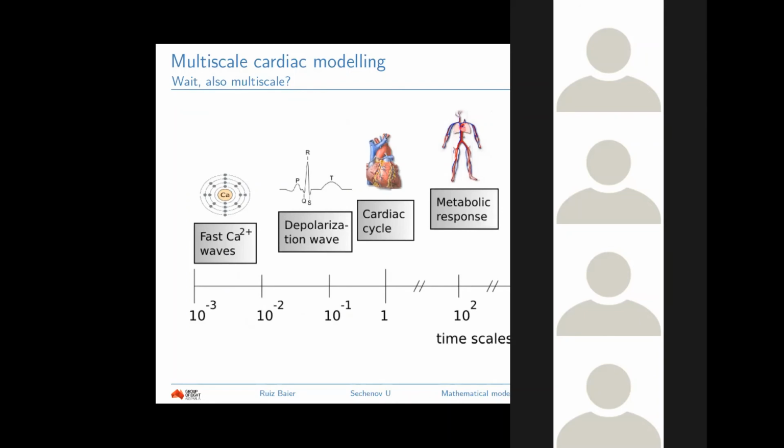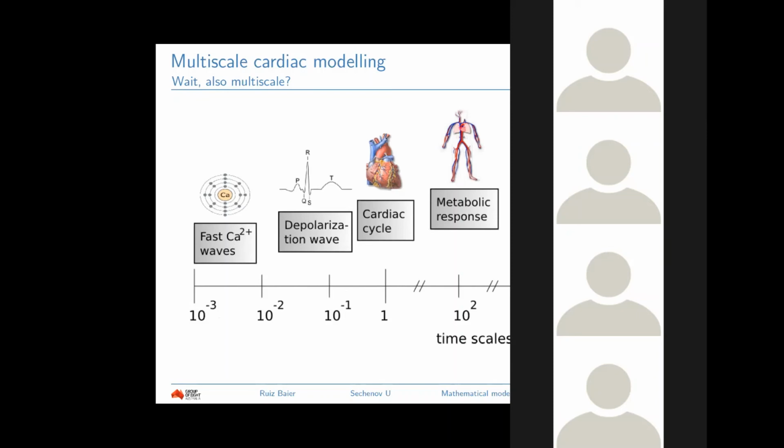You have diseases that take years to develop, and a metabolic response that is a little bit faster. The cardiac cycle is of the order of 1 second. But then you also have other things that occur, where you have chemical reactions, for instance, fast calcium waves that are on timescales much, much smaller than the timescales of the disease itself.